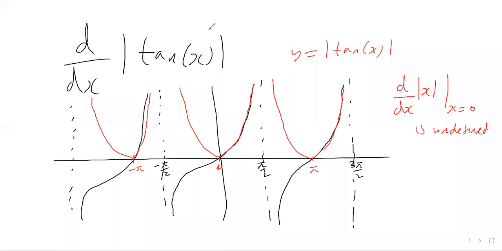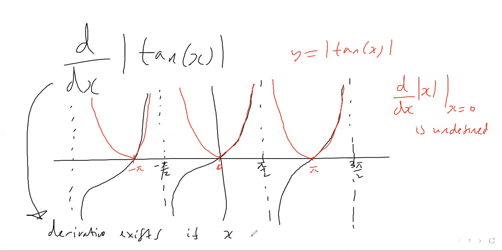Therefore, the domain, the values of x which give us a defined derivative, will be this: the derivative exists if x is a real number, but not a multiple of pi over 2, so x not equal to k pi over 2, where k is some integer.